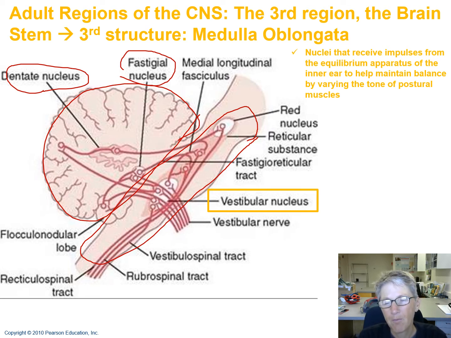The one thing I have a line around that you have to know for the test is this thing called the vestibular nucleus. Anything that has vestibular or vestibulo around it has to do with balance in the inner ear.